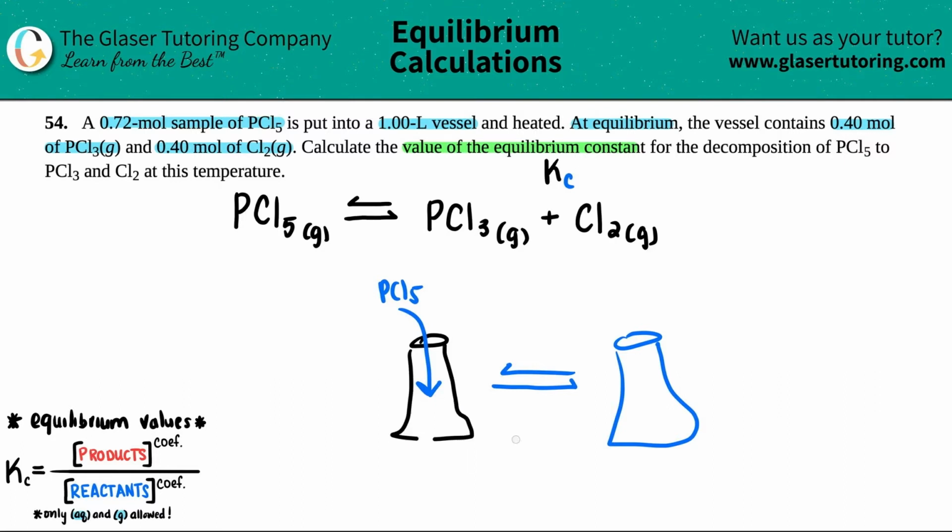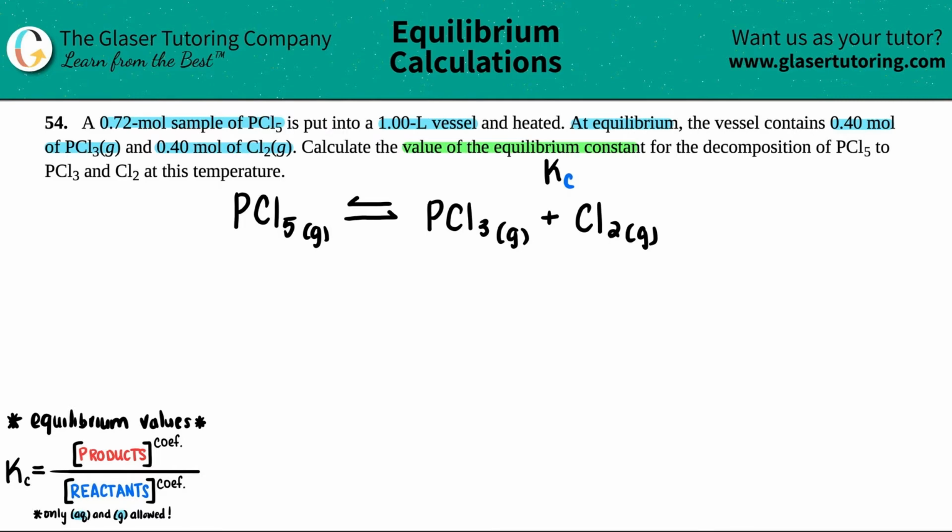Now, whenever you get that sense that they give you information that is not at equilibrium, and then they give you information about equilibrium, you have to do something called an ICE table. Now, some schools might call it a RICE table, but I know it as an ICE table. It doesn't really matter which word you use.